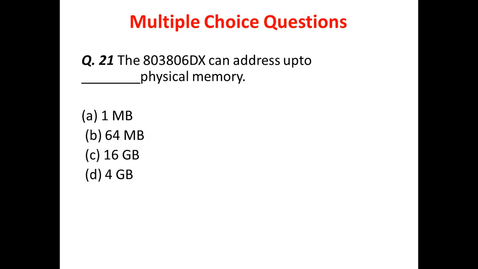Option A is 1 MB, option B is 64 MB, option C is 16 GB, option D is 4 GB. So the question: 80386DX can address up to how much physical memory, which may be 1 MB, 64 MB, 16 MB, or 4 GB.